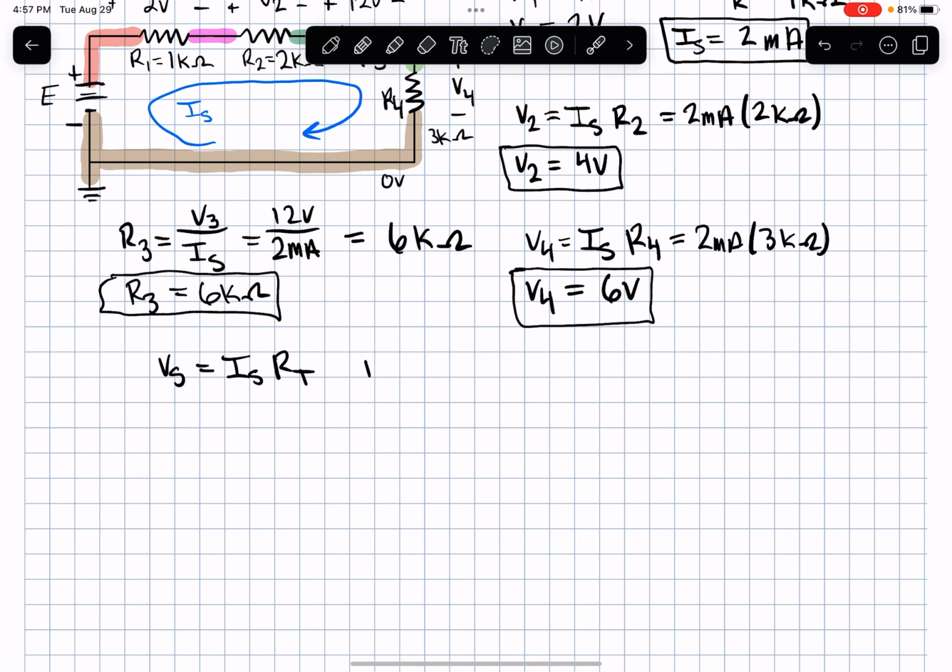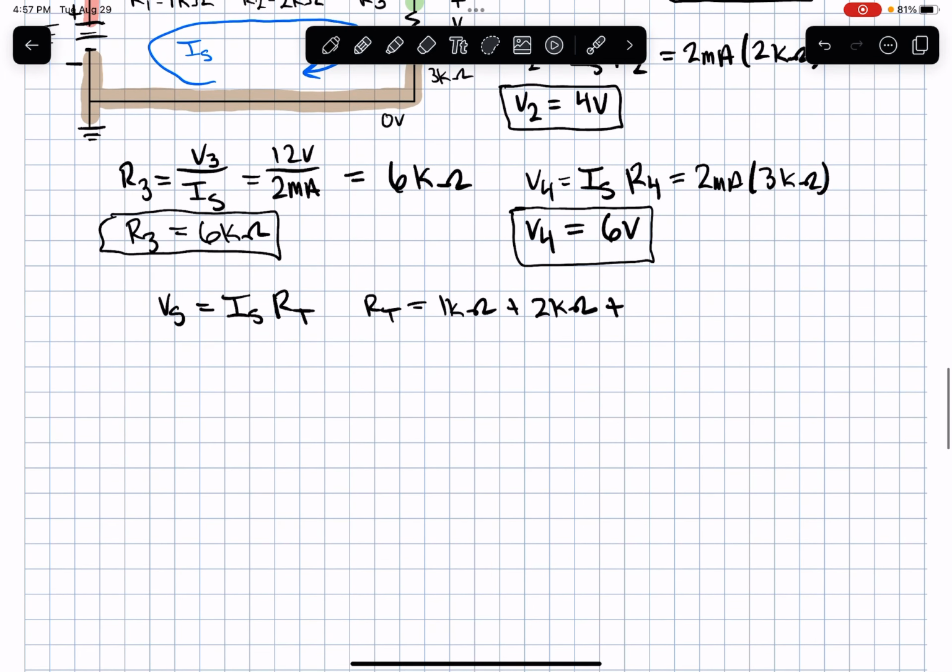So we can find R sub T: 1 kilo ohm plus 2 kilo ohms plus, what was R3, 6 kilo ohms, plus 3 kilo ohms. Right, so that's 1 plus 2 is 3, plus 3 is 6. That's 12 kilo ohms total across.